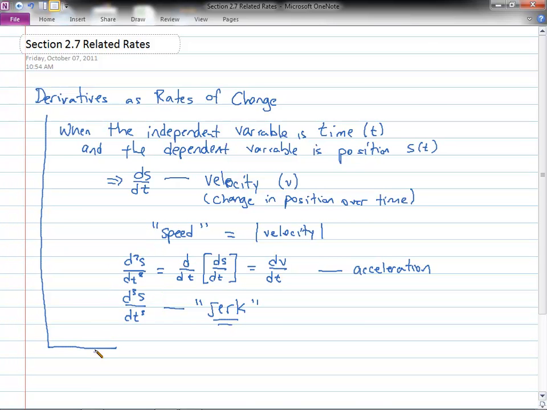Another way to think of rates of change is just change with respect to one variable over another variable.